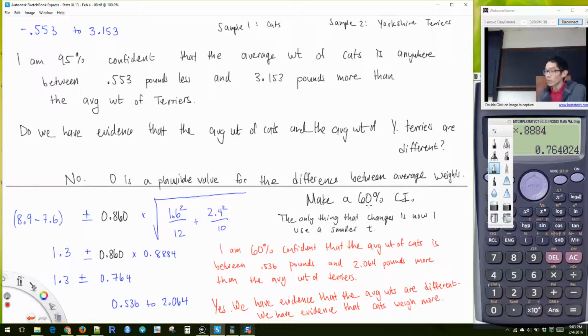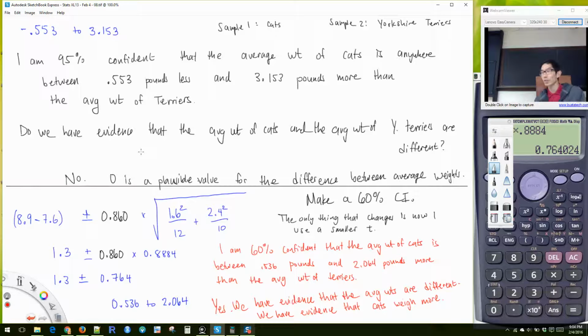So when you're trying to be more confident, you're less likely to come to a conclusion that there actually is a difference, if that makes sense.